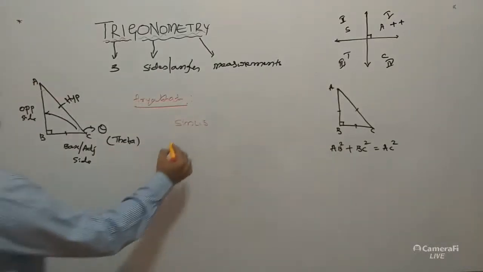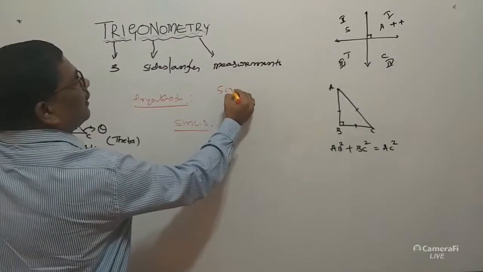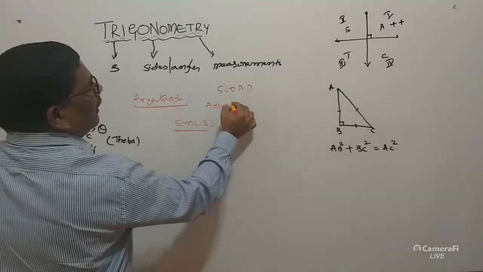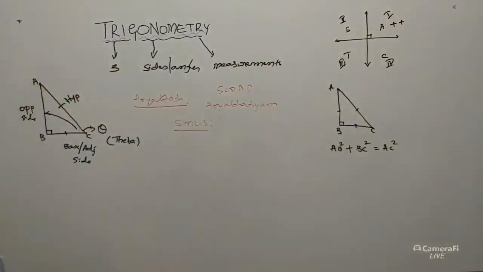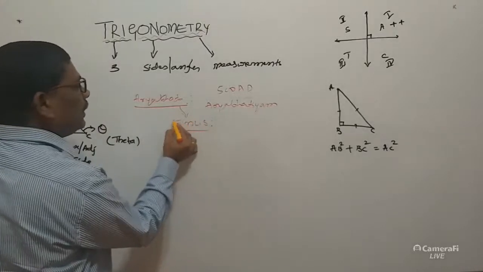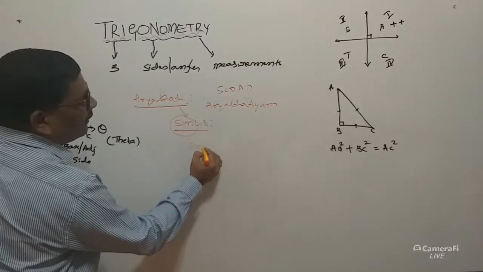The meaning of sinus is in the Indian word, in the year 500 AD, by Aryabhata. The book name is called Aryabhatiyam. So in the year 500 AD, the word was introduced as sinus, which slowly was converted into what we are calling now, sine.